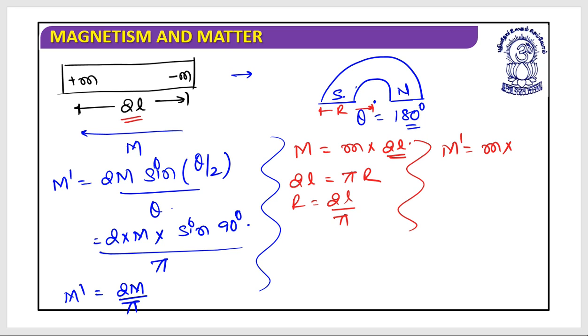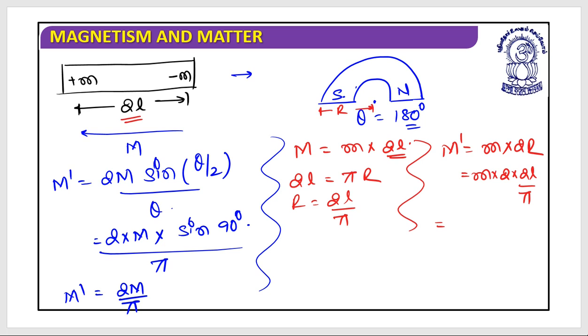While calculating the distance between two monopoles, it is the shortest path that I need to consider. So m dash is equal to m into 2r. This could be written as m multiplied by 2, and r can be replaced by 2l by pi.